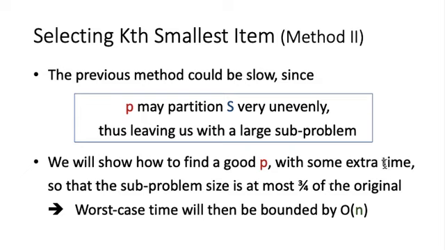And after spending this extra time, the reduction in the problem size allows us to bound the worst case time to be order of n. So let's see how we can get a good pivot, what the corresponding extra time is, and how to bound the total time.